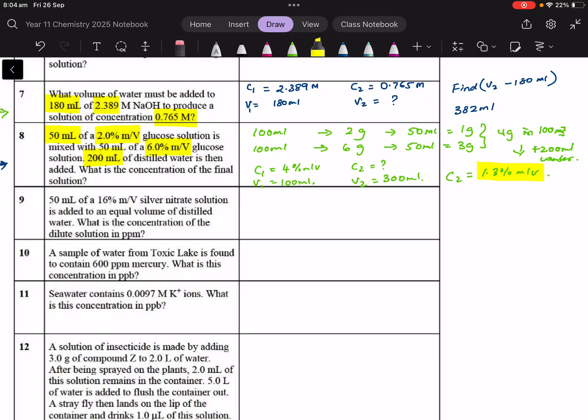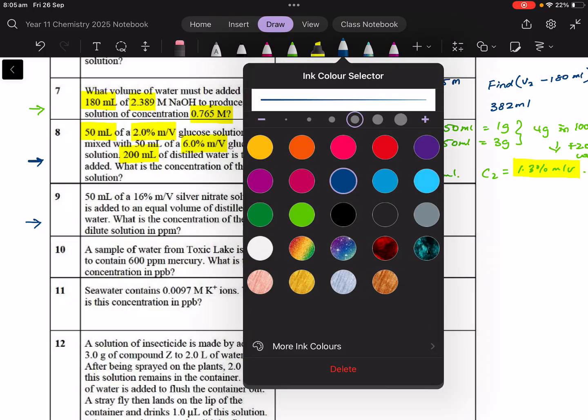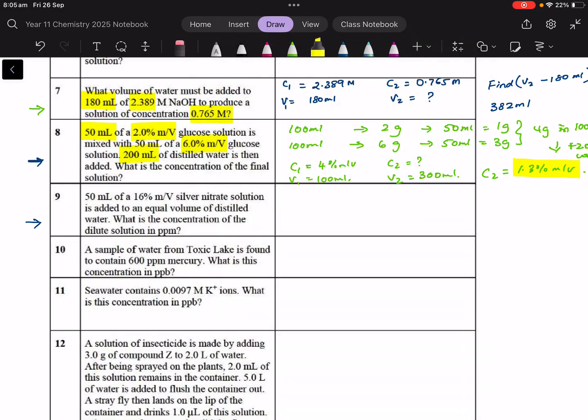Okay, moving on to the next one. 50 mils of 16% silver nitrate solution is added to an equal volume of distilled water. So what is the concentration of the diluted solution in parts per million now? So what we want to do is we're going to have to convert some things.